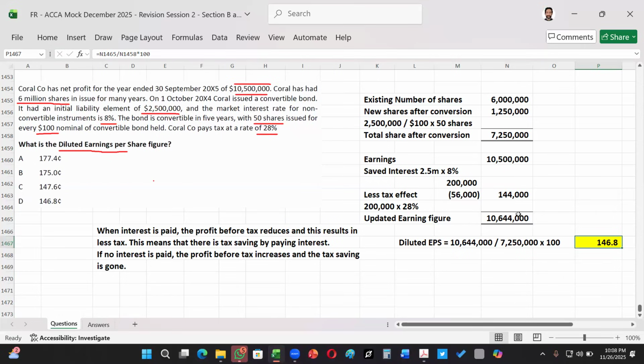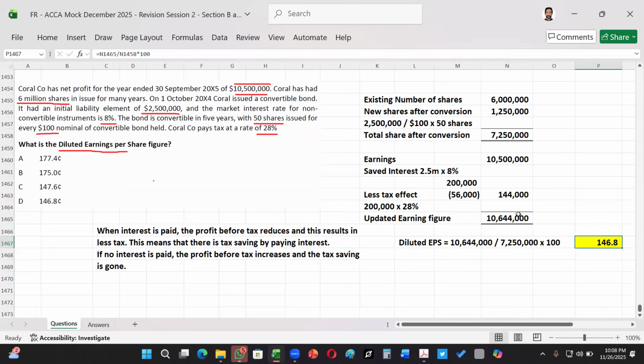First of all, we have convertibles, right? Then we try to see, if we convert everything, how much EPS are we going to have, like a new one, because it's going to dilute what we currently have.